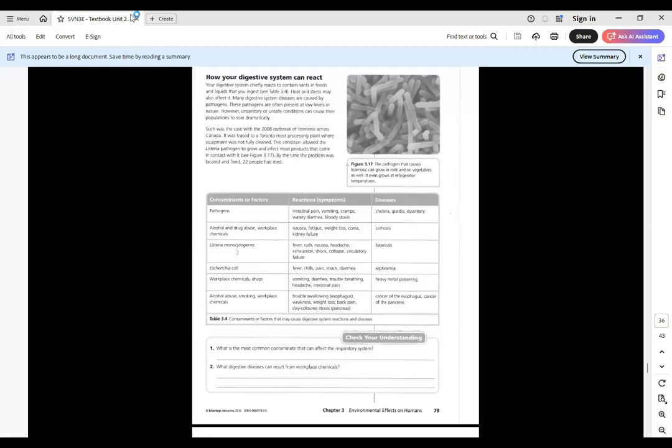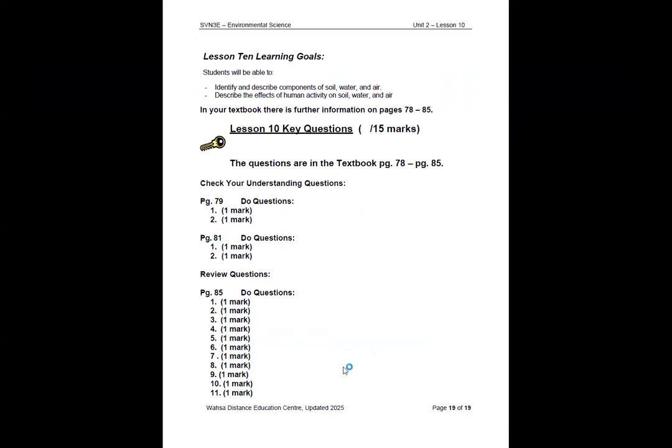If you're not sure what questions to do, let's just quickly go back and talk about that once more because people do have a hard time with this, figuring out what they're supposed to be doing for questions. Okay, I'm back over at the booklet, and you can see hopefully that I'm on page 19 of 19. It will start the lesson by giving us our learning goals, which we did. And then it tells us where the information is in the textbook. You'll see at the top it says there's information on page 78 to 85.